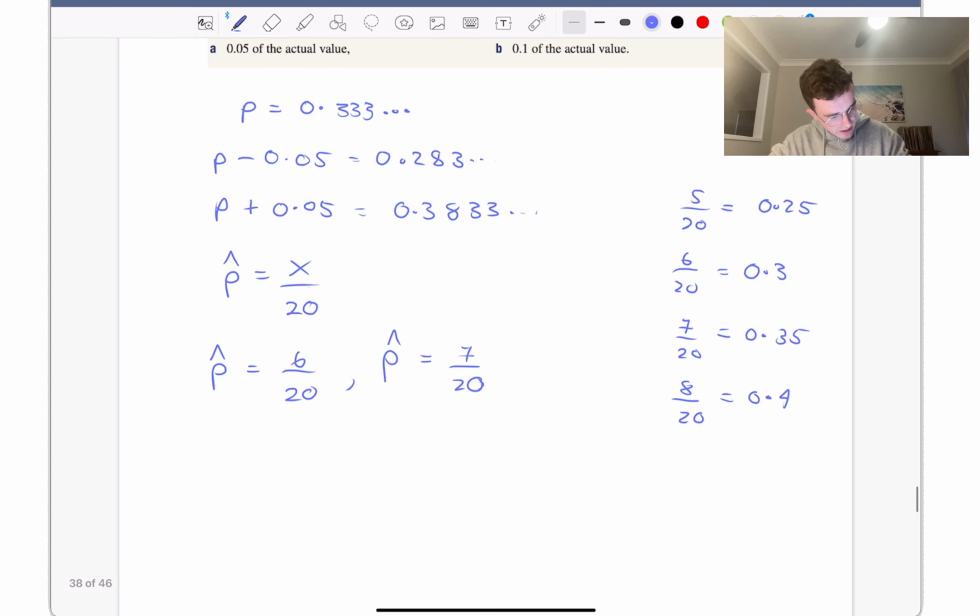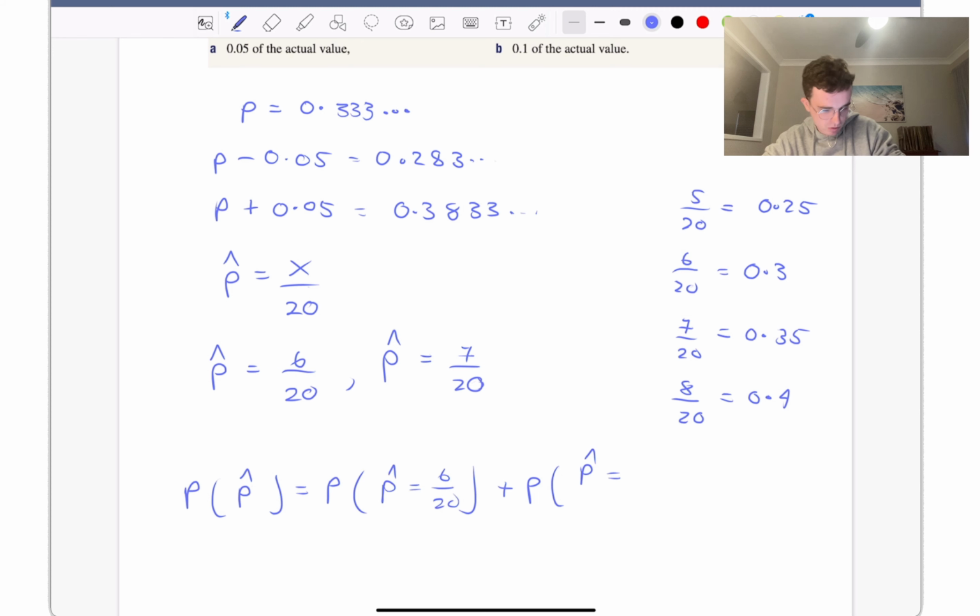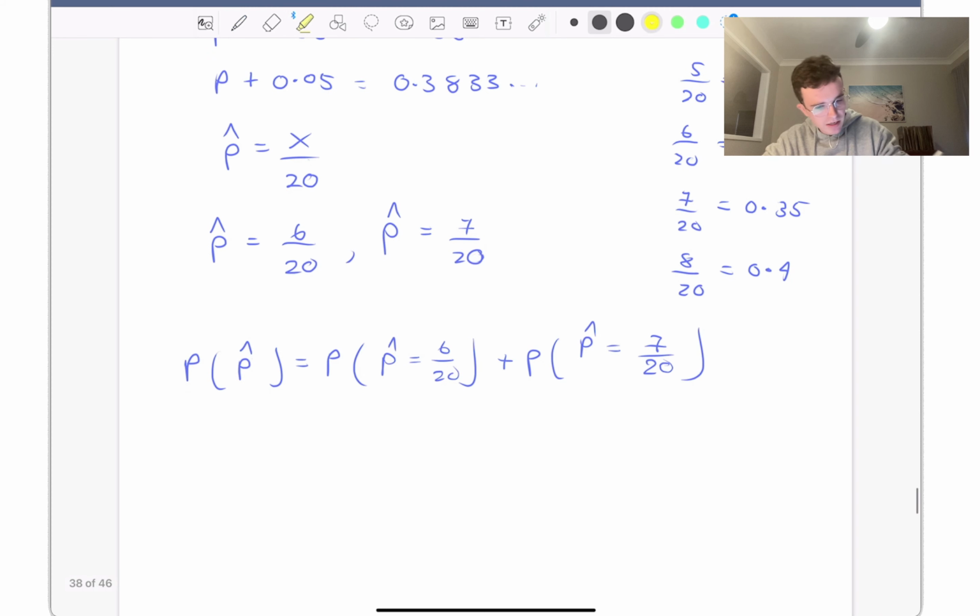So really we're looking at the probability that p hat is equal to 6 on 20 plus the probability that p hat is equal to 7 on 20. Now remember, the probabilities of proportions are just equal to the probabilities of those individual values.